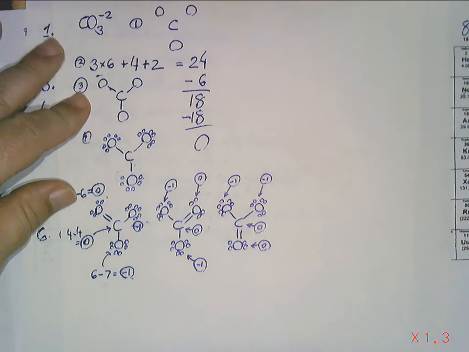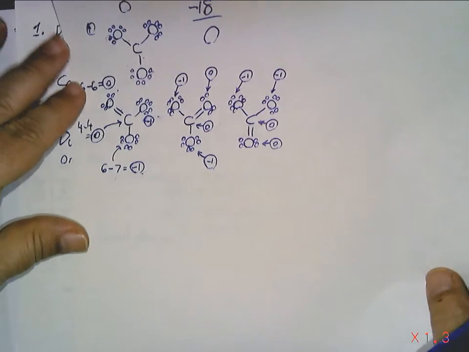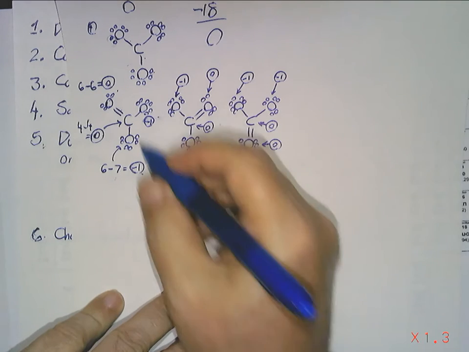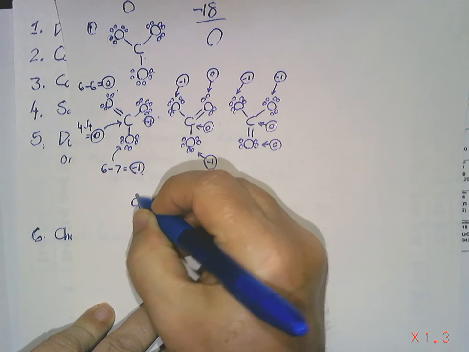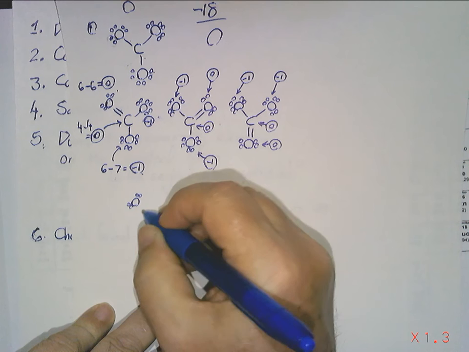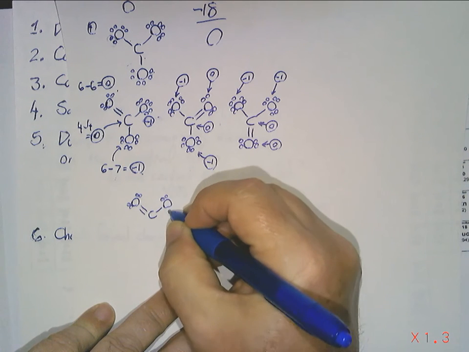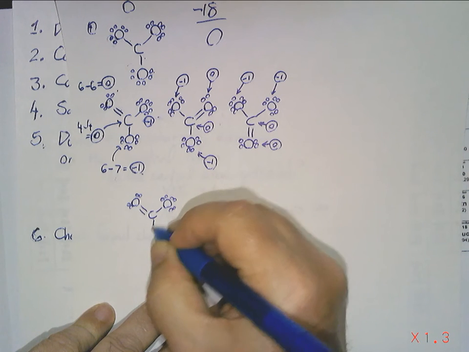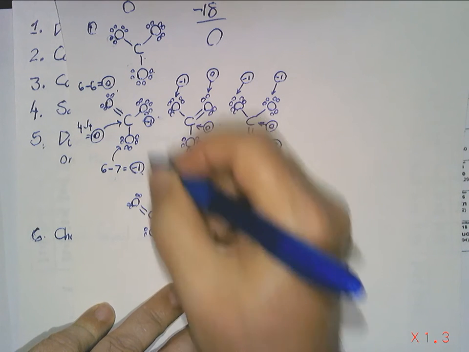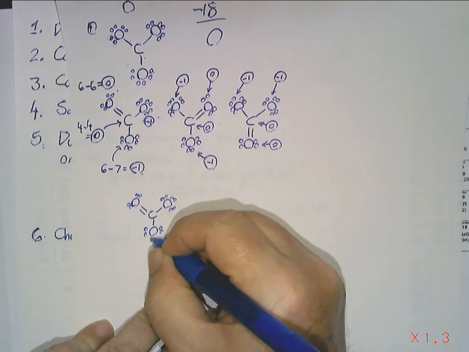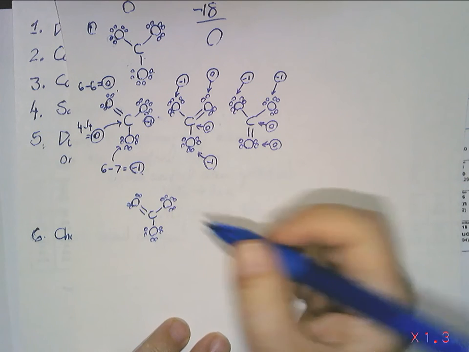And I'm going to write them down again. I'm going to have to keep this one. So I'm just copying that one over again. Now it has a charge on it.